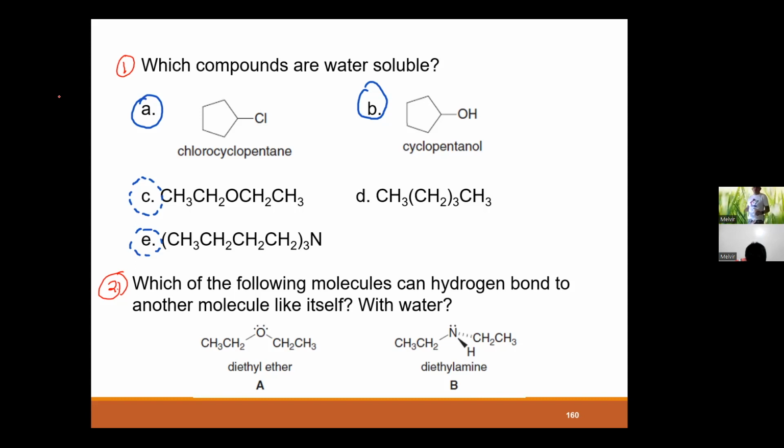May answer ka na, Josh? How about sa number 2? Sino daw yung compound na kayang makipag-hydrogen bond sa sarili niya? At sino naman yung compound na kayang makipag-bond sa water? Dalawa yung sagot mo sa 2. Hindi, ang lagay mo, Josh, ay hydrogen bond with itself, hydrogen bond with water.